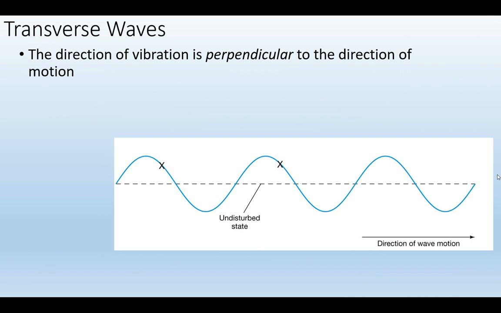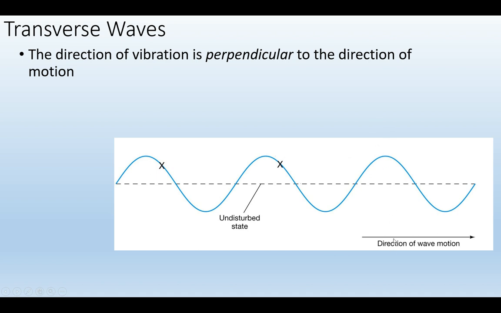Now, there's two main types of waves that we're going to talk about today. The first one is called a transverse wave. A transverse wave is what you normally think of. When you picture a wave in your head, this is probably what you see. This is when the direction of the vibration of the wave is perpendicular to the direction of motion. This wave right here is moving to the right, and what is happening is the wave is moving the medium up and down.